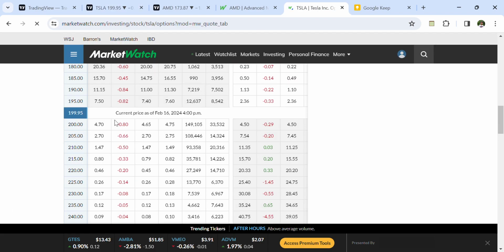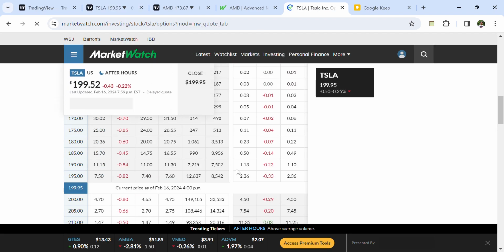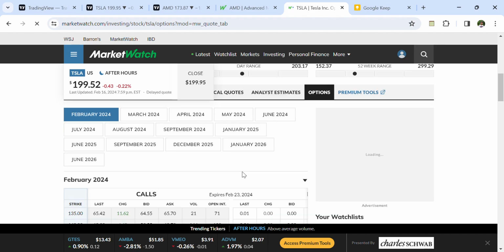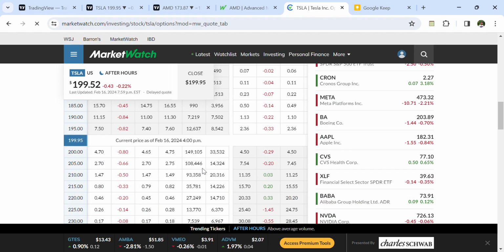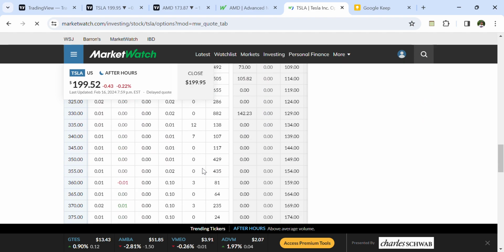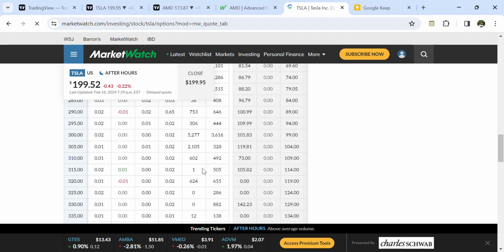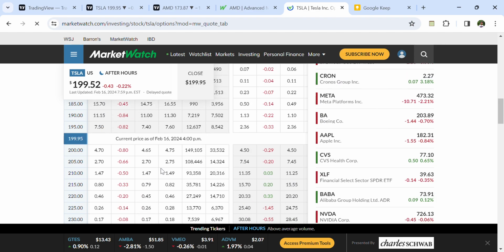So, for example, Tesla closed at 200. As you know, the left side is calls and the right side is puts. This is the 23rd of February. If I have to choose something like $5 out of the money for the first target, it would be 205, priced at 2.7. If I know it's going to go further, like 207.5, that strike is not there as of now.